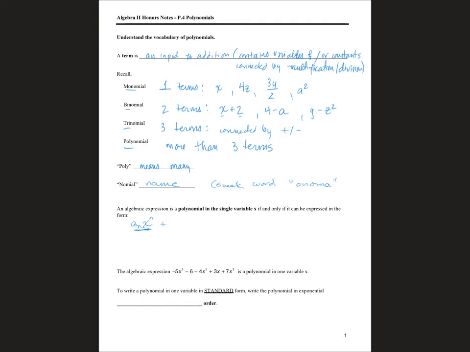And then in general form, we write it in exponentially descending order. So the next lower term is going to be one power less, and it's going to have a coefficient that corresponds to it. And that's going to go all the way to, let's say, an x squared term that has a coefficient a sub 2, and then a sub 1, x to the first power, and then a sub naught, x naught.